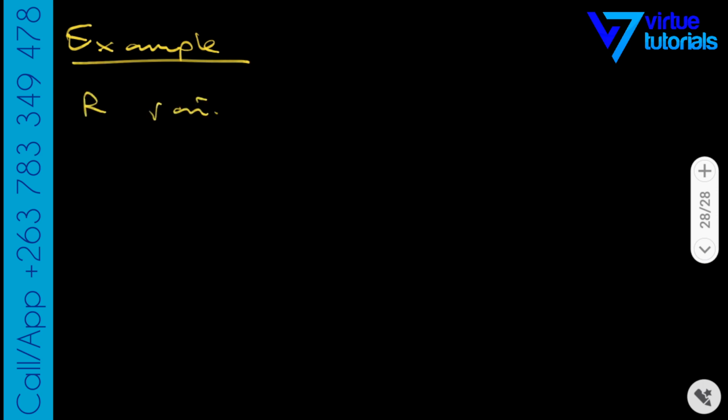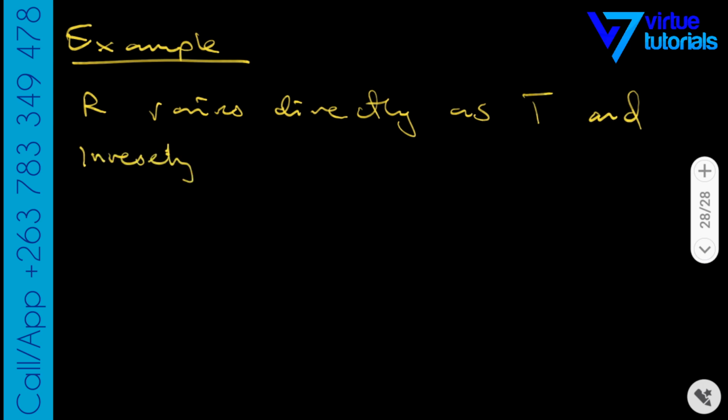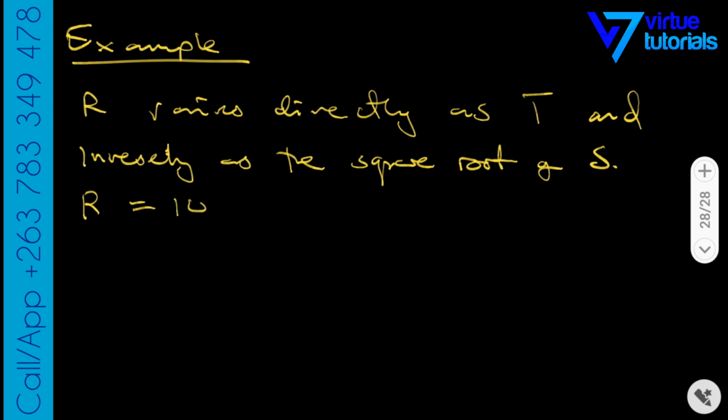R varies directly as T and inversely as the square root of S, right? R is equal to 10 when T is equal to 12 and S is equal to 9.